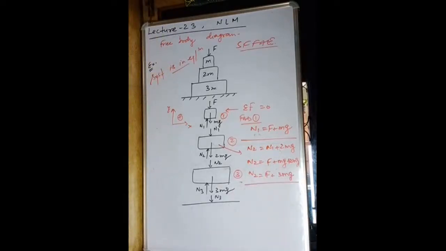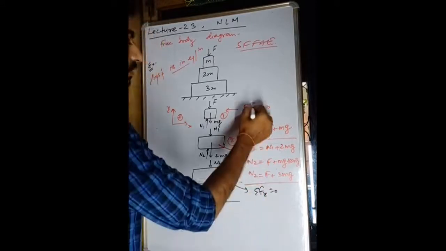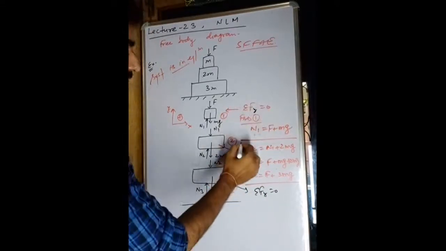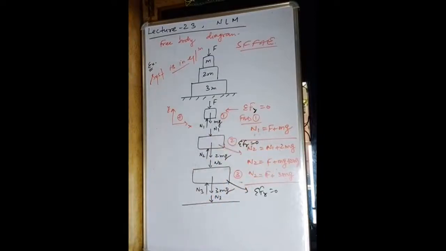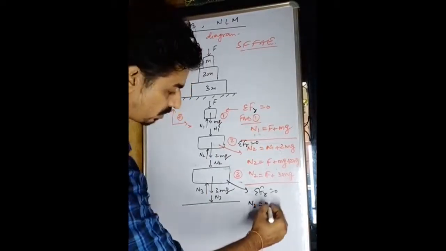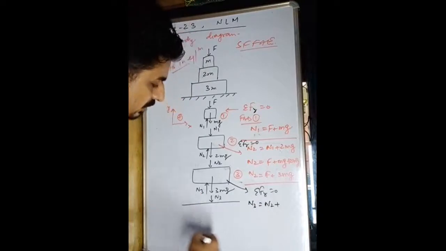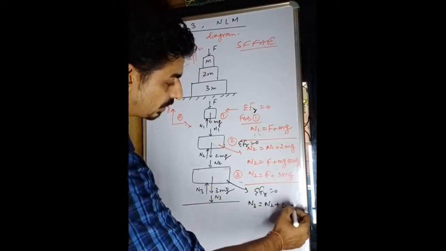Now, the third free body diagram. Again, sigma F equals 0, so sigma Fy equals 0. All the force in the upward direction is N3. The downward force is N2 plus thrice mg.